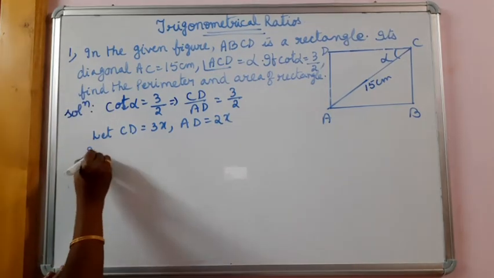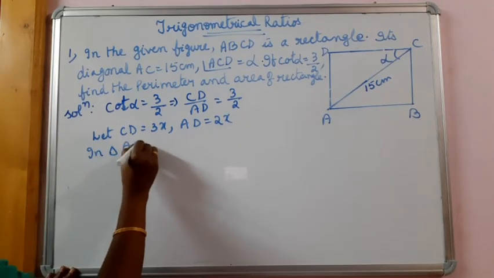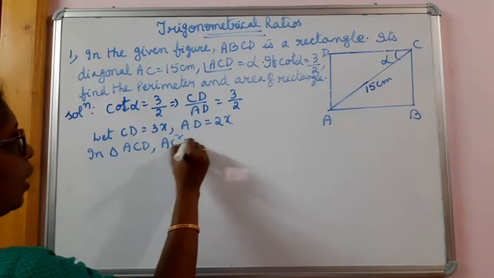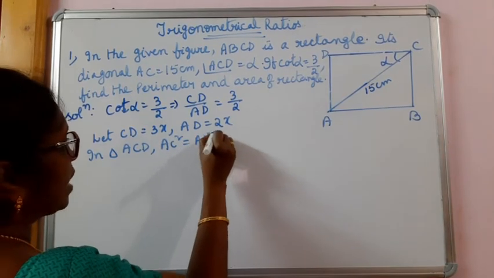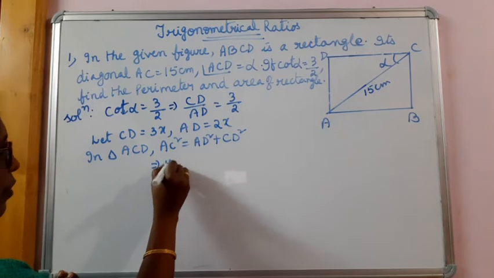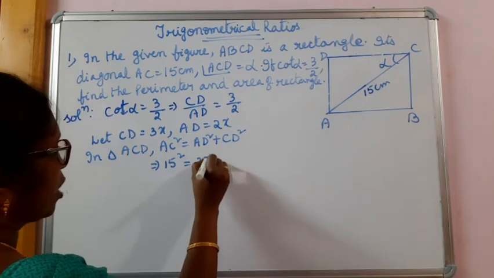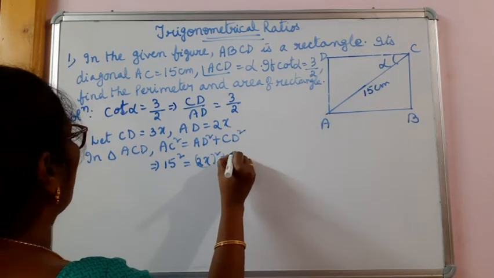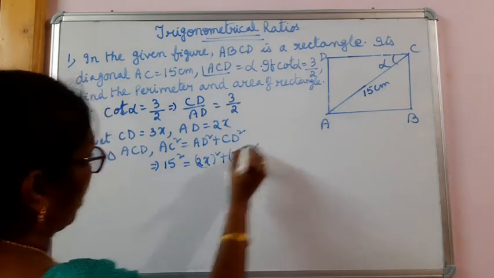So in triangle ACD, AC square is equal to AD square plus CD square. So AC is given 15 square, AD is 2x whole square and CD is 3x whole square.